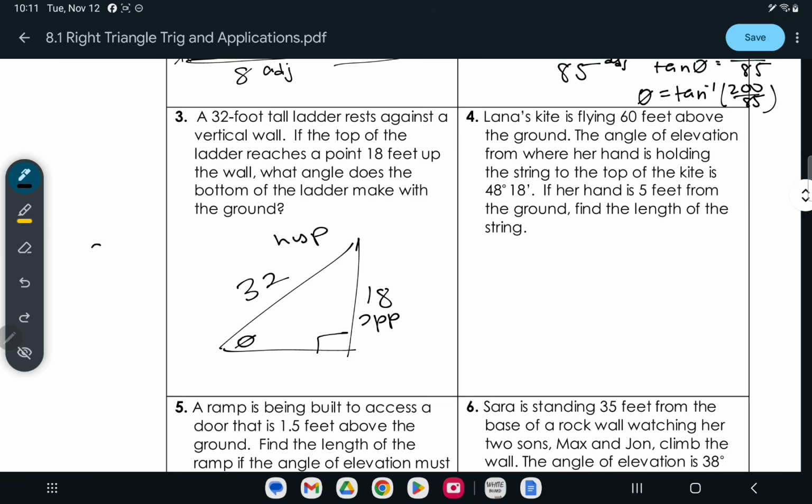So that is sine. So sine of theta is 18 over 32. So I can do the inverse and get 34.2 degrees.